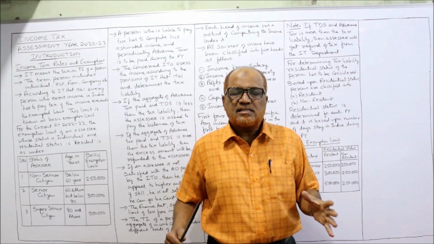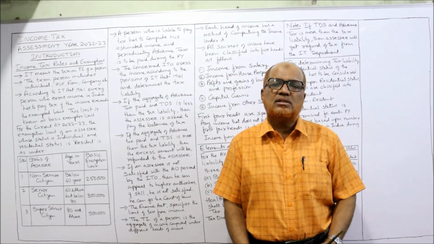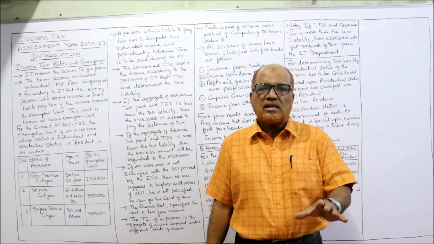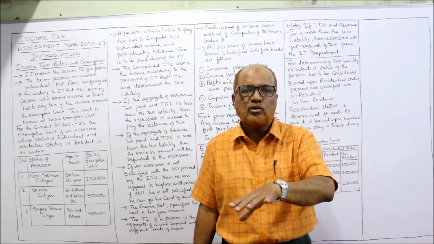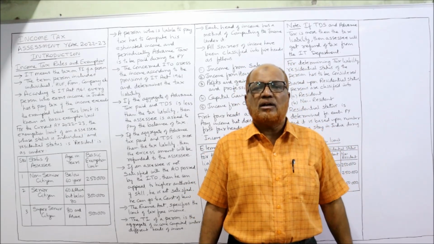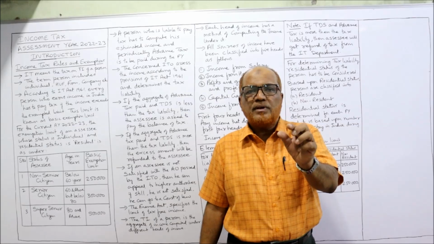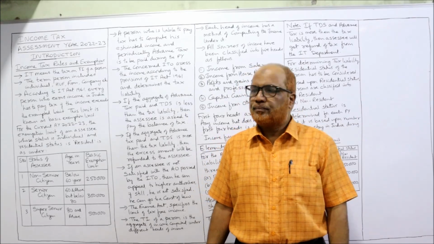But when tax is calculated, the tax liability comes to 60,000. The tax liability calculated by the income tax officer according to the provisions comes to 60,000, whereas I have already paid 70,000. So the 10,000 rupees the income tax department will refund to the SSC.